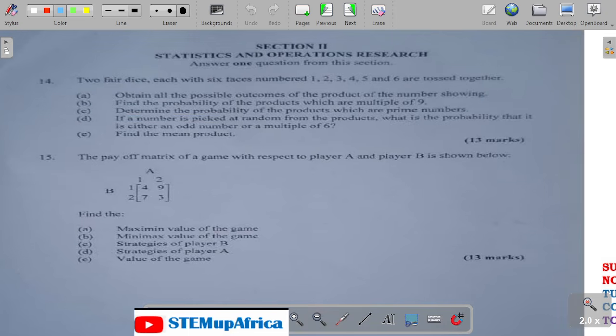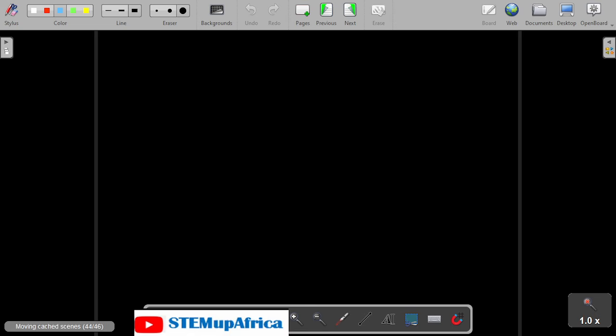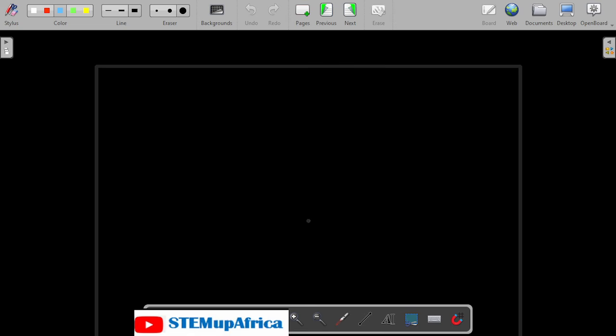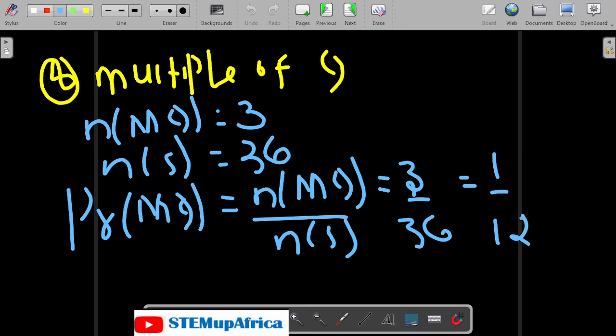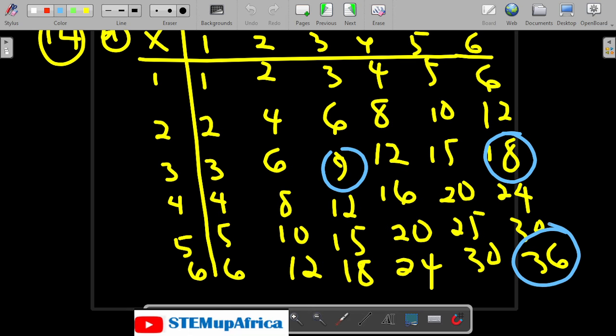Then question C, find the probability that the product is a prime number. What are prime numbers? Factors are 1 and itself. 14C. So let's look for the prime numbers from the table. We have 4 numbers whose factors are 1 and itself.